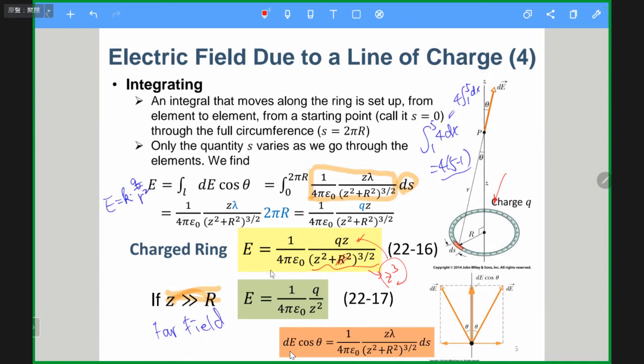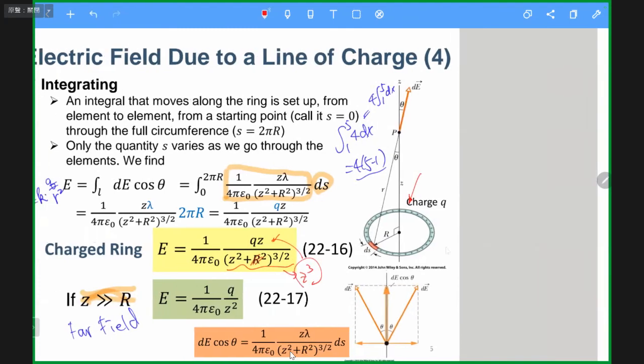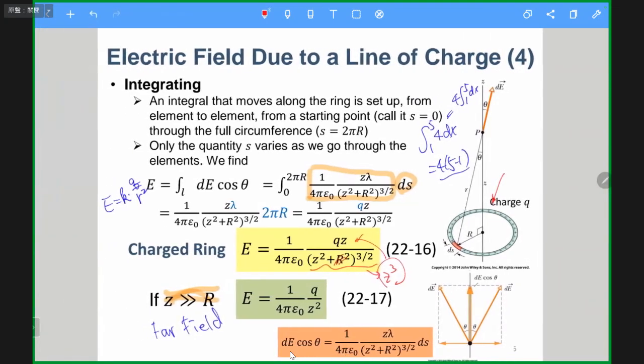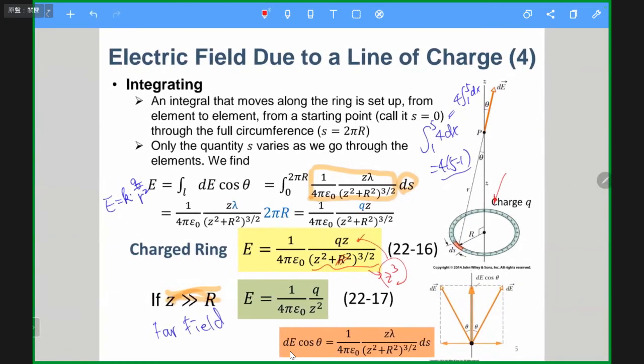But of course, this z must be far away enough to have this approximation, because z needs to be much larger than r to make this r squared negligible. Okay, so this is the expression for the E field generated by the line of charge, or more precisely generated by a circular ring.